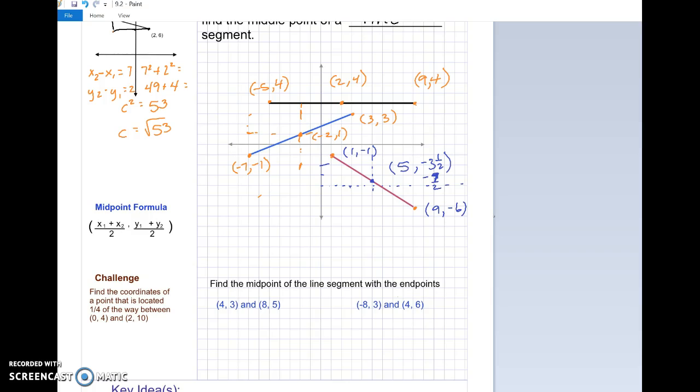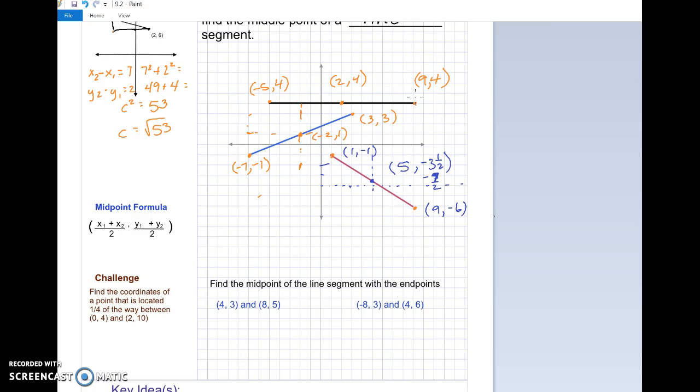Let's take a look first at our first one that we did, -5, 4, and figure out where we're at. So we went from -5 to 9. What happens if I add -5 and 9? Well, -5 plus 9 is going to give me the total here, right?